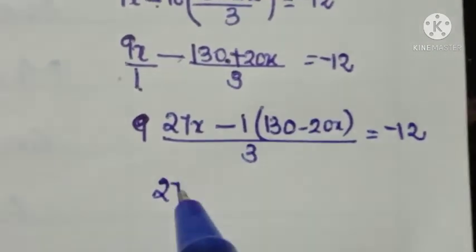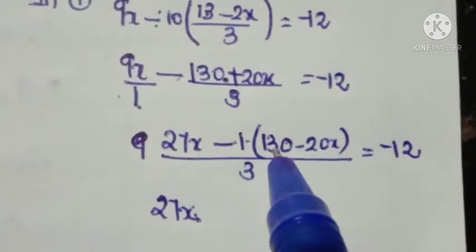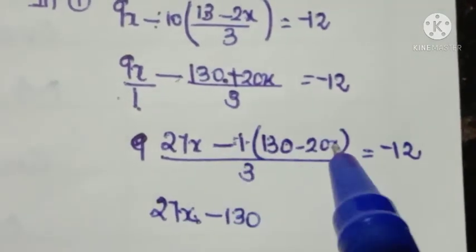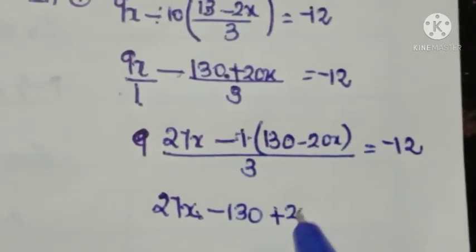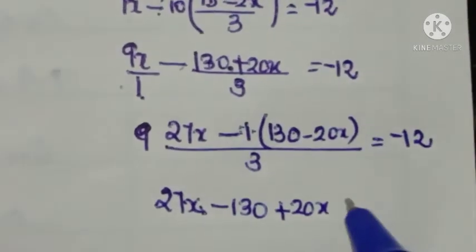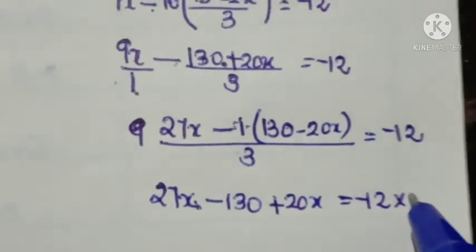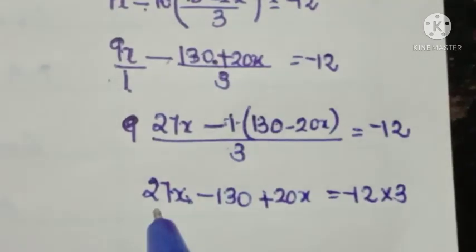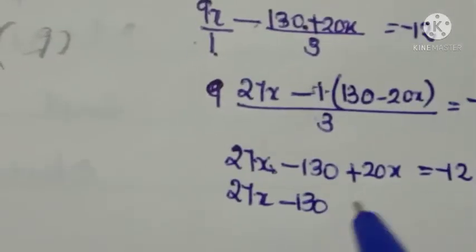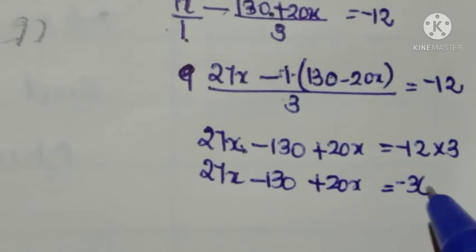So this is 27x. Open the bracket. Minus 1 into 130, minus 130, minus 1 into minus 20x, plus 20x. Okay. Minus 130 plus 20x equal to minus 12 by 3 becomes into 3. So this is 27x minus 130 plus 20x equal to minus 36.